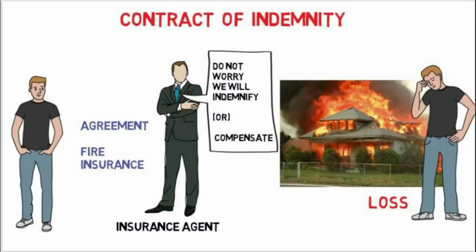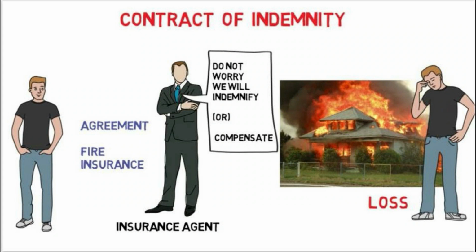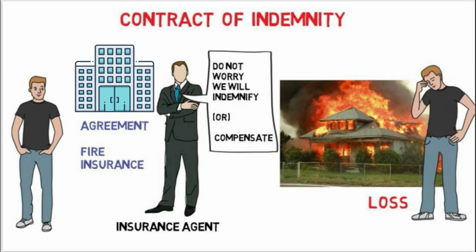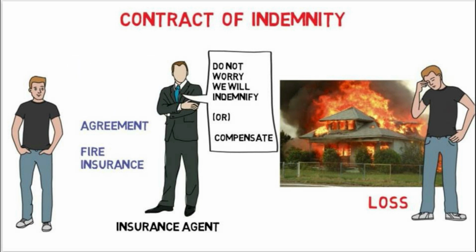Look at this picture. When we talk of the objective of a contract of indemnity, it means a contract which gives you protection to save you from unanticipated losses and costs, right? Look at this picture, whereby the fire insurance company has given a guarantee, a promise that do not worry, if anything happens to your company from fire, I would bear the loss.